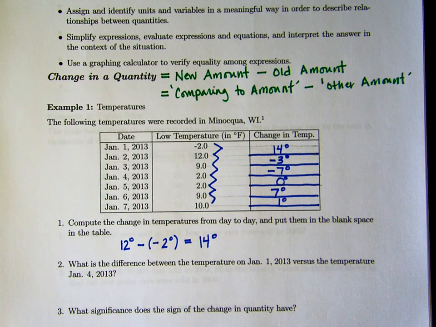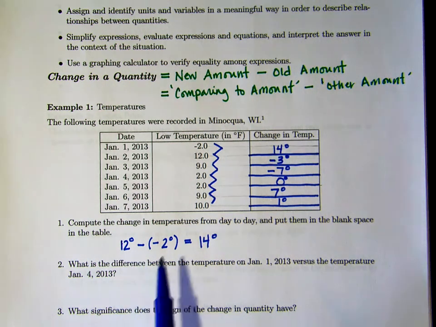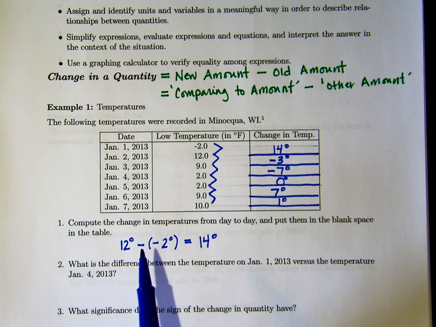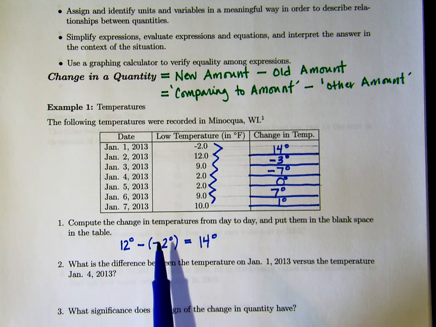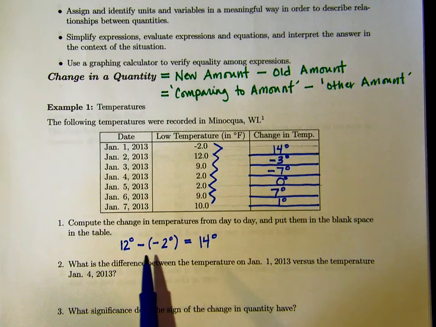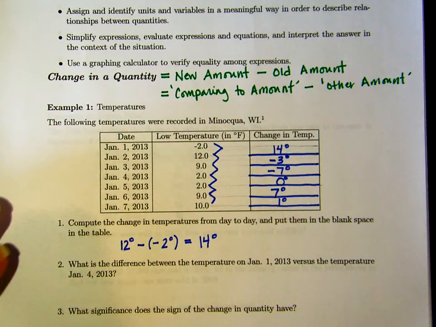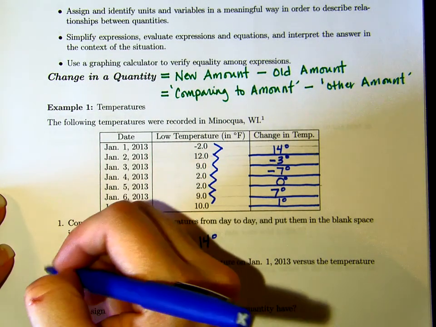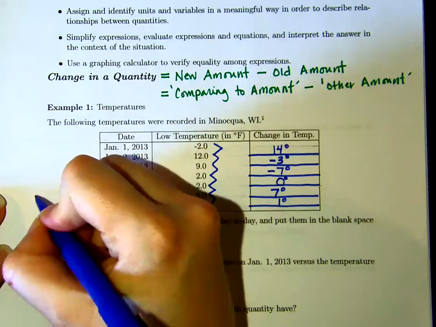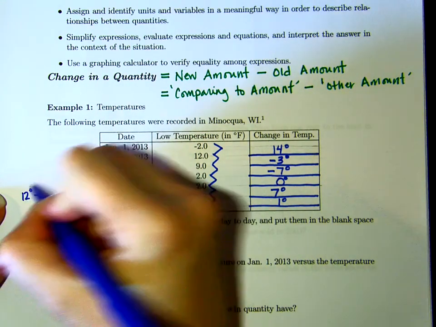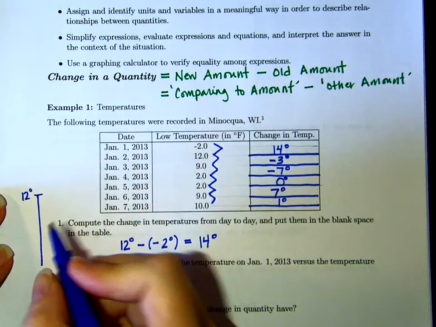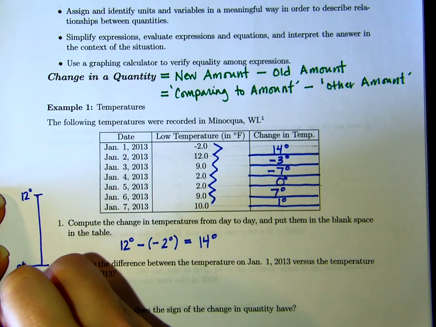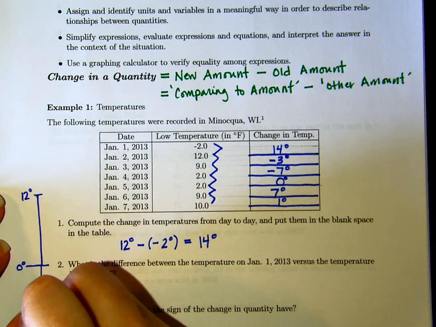But sometimes it really is, because what we're doing here is we're taking away a negative, or taking away something below. When I envision a thermometer, we're up here at 12 degrees, and here's 0 degrees Fahrenheit, and down here is -2.